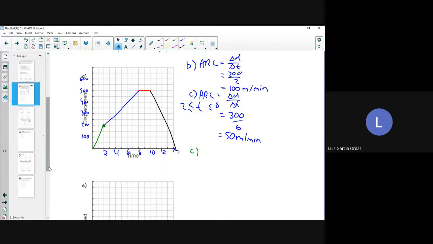So C is asking us, what is the instantaneous rate of change at 6 minutes, 9 minutes, and 12 minutes? So just by looking at the graph, what was her instantaneous rate of change at 6 minutes?